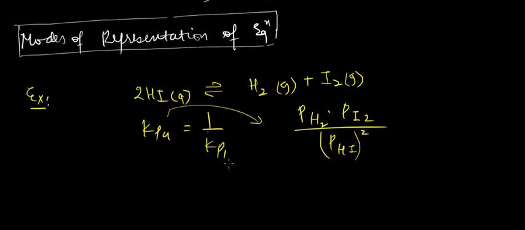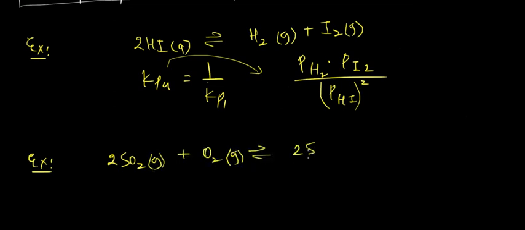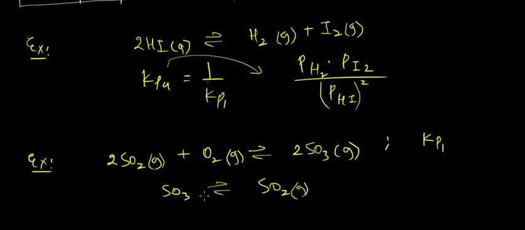Next, let's see another example where we have 2 moles of SO2(g) reacting with O2(g) forming 2 moles of SO3(g). So this is Kp1, and SO3 converting into SO2(g) and half mole of O2(g) forming Kp2.